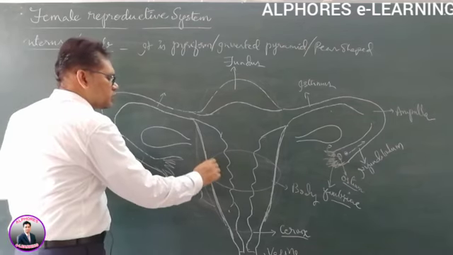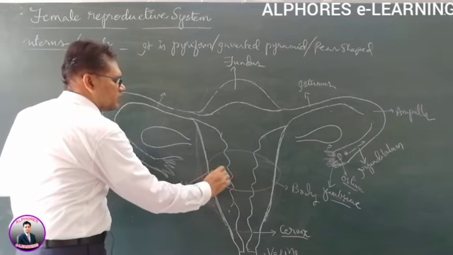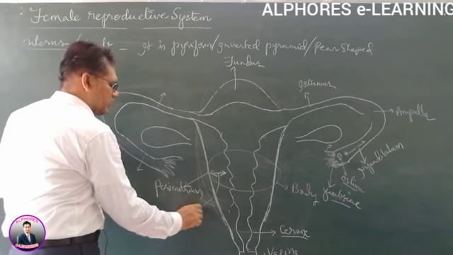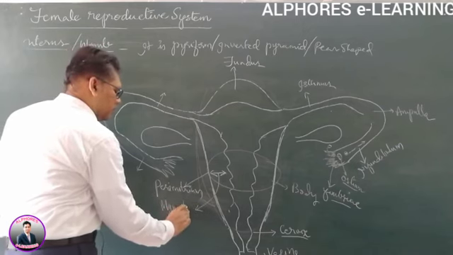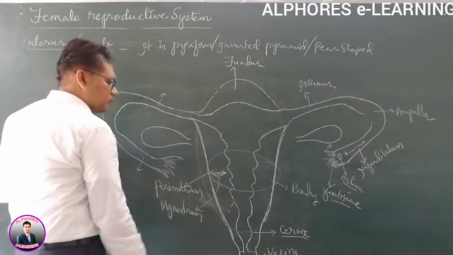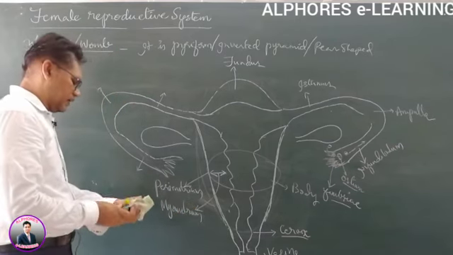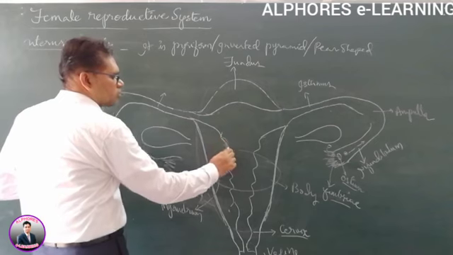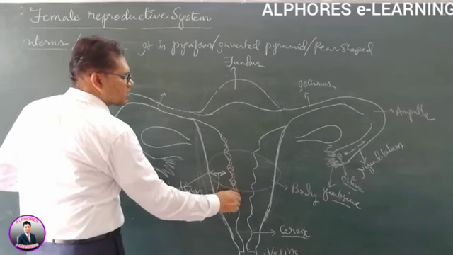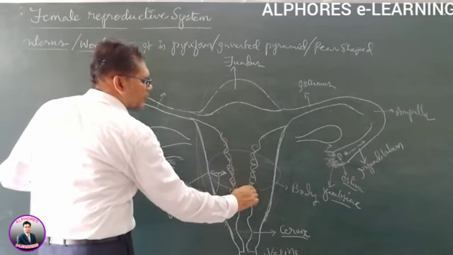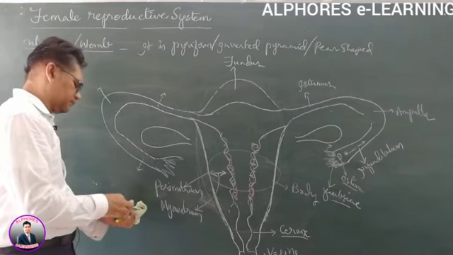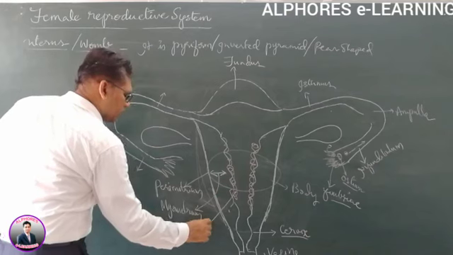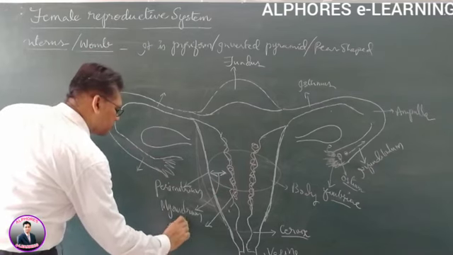The middle part is called the myometrium. The innermost part, which is highly vascular, is called the endometrium.